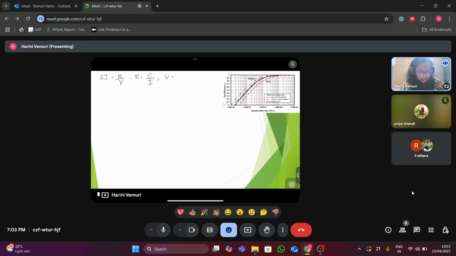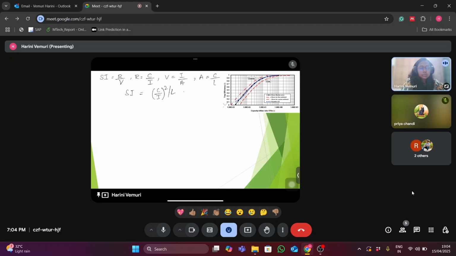And V is I by A, where V is the mean velocity, I is the inflow rate, and A is the average cross-section area, and A is equal to C by L, that is the capacity of the reservoir by the length of the reservoir. So totally SI can be calculated by C by I whole square by L.